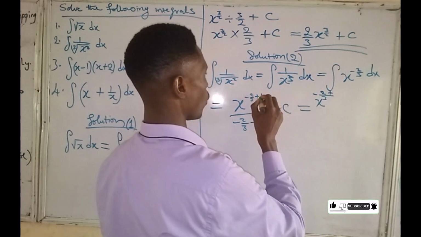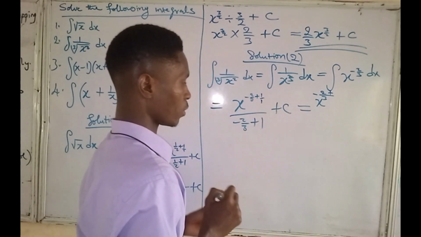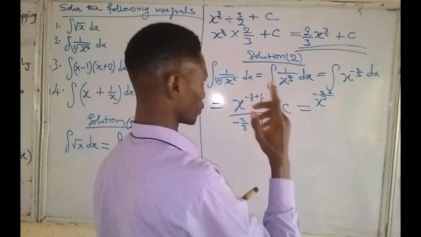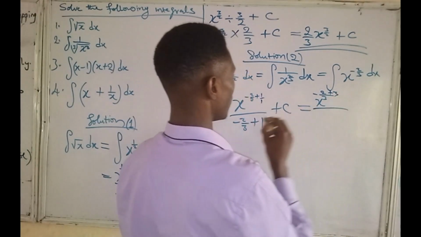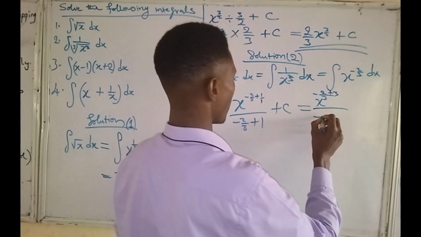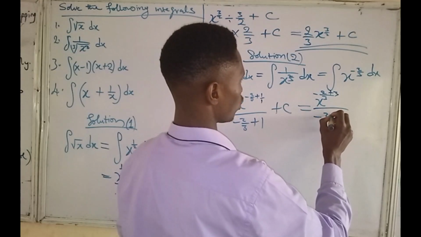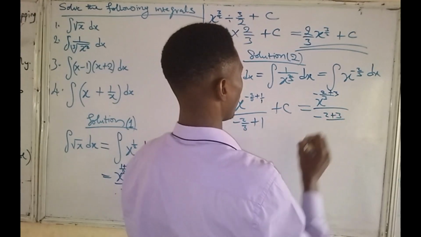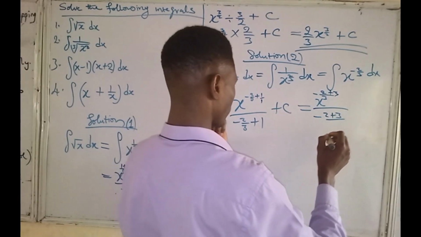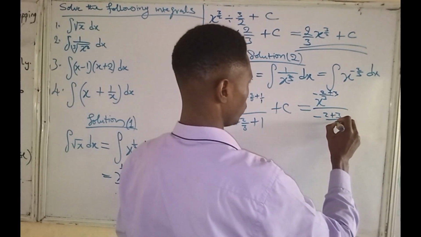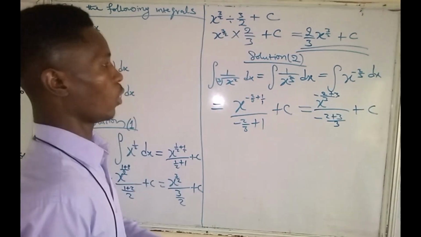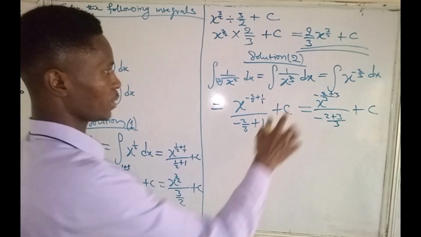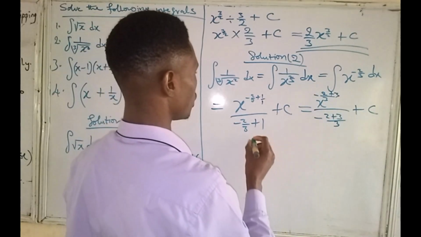Plus 3 divided by 1, the invisible 1 we talked about, is 3 times 1 is still 3. So the same thing is applicable here. So we have minus 2 plus 3, all over 3 plus c. At this point, this is now minus 2 plus 3, which is 1.